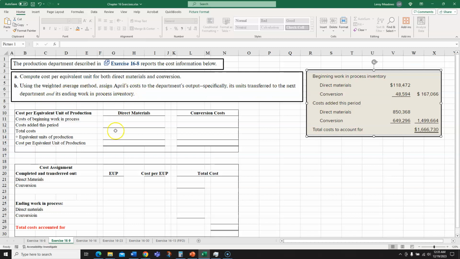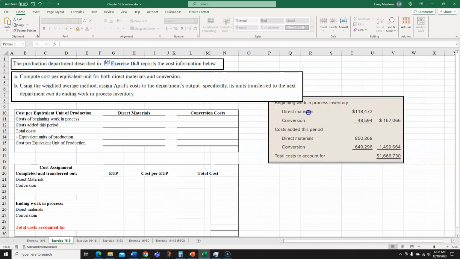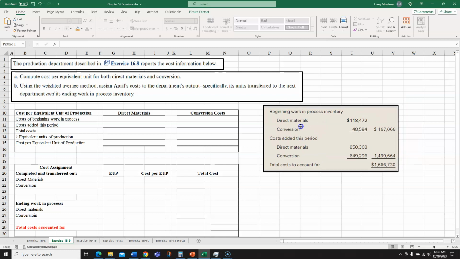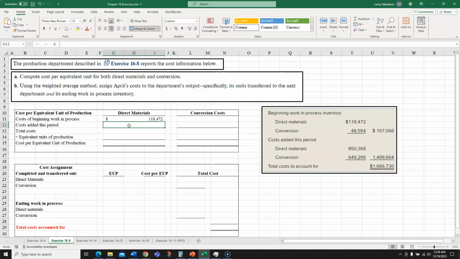Okay, so we have to figure out the cost per equivalent unit. Now, under the weighted average method, we take all costs incurred to date. So let's start with direct materials and let's just focus on direct materials. The first thing we need to look at is what is our beginning work in process inventory? How much is that? And that's $118,472. Now, what is the amount of direct materials I added this period?